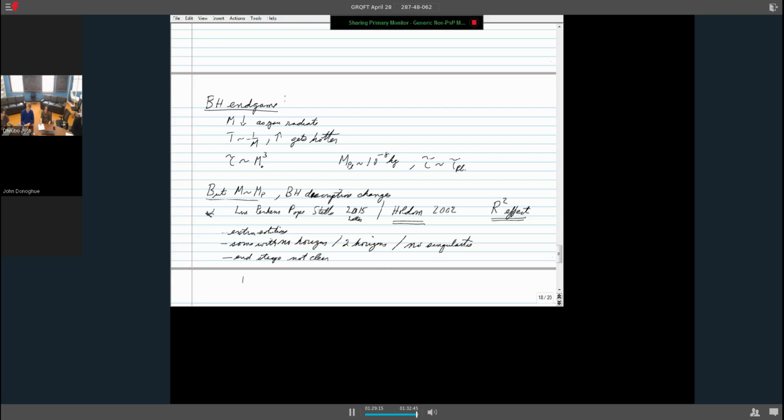I don't have time to say much about it, except that these papers now include the R-squared effects that live in the effective Lagrangian. What they show is that there are extra solutions.